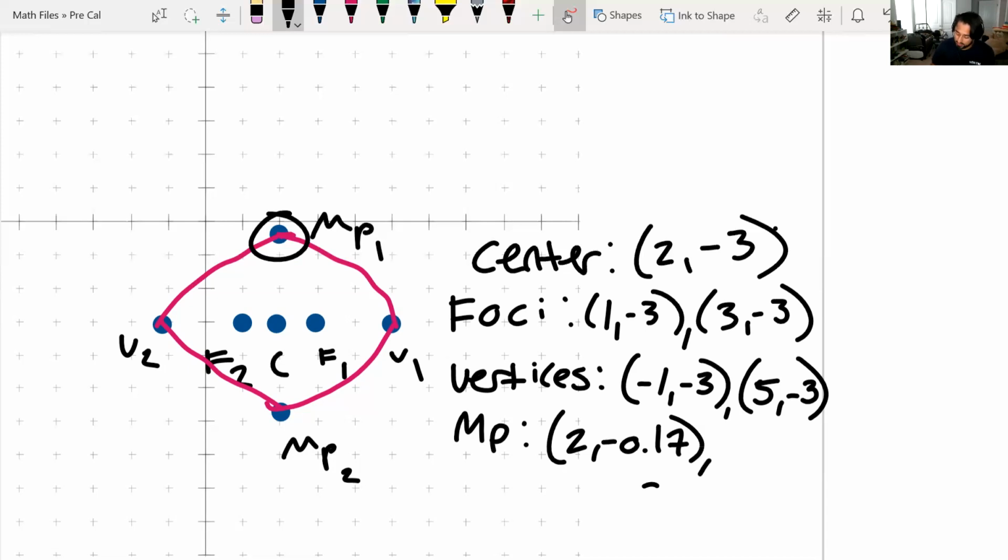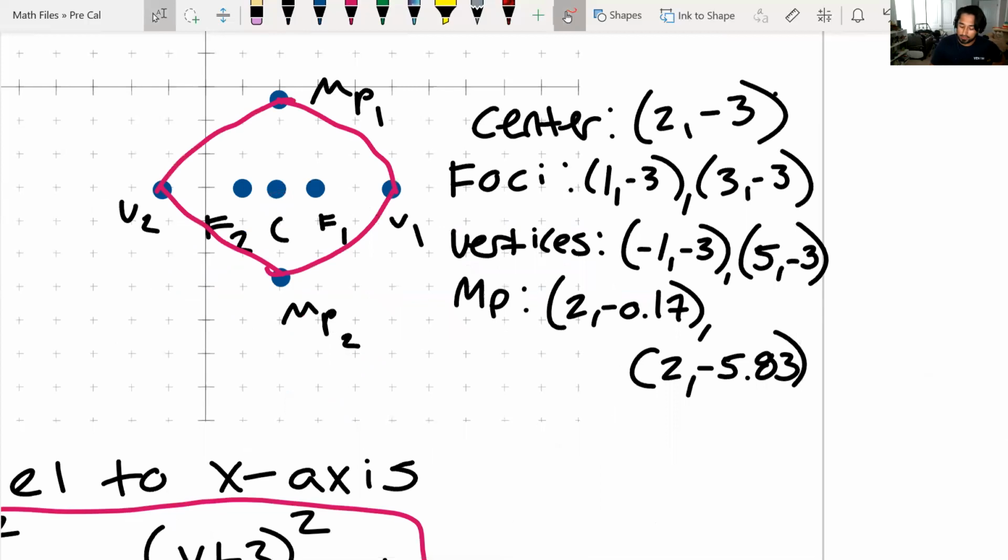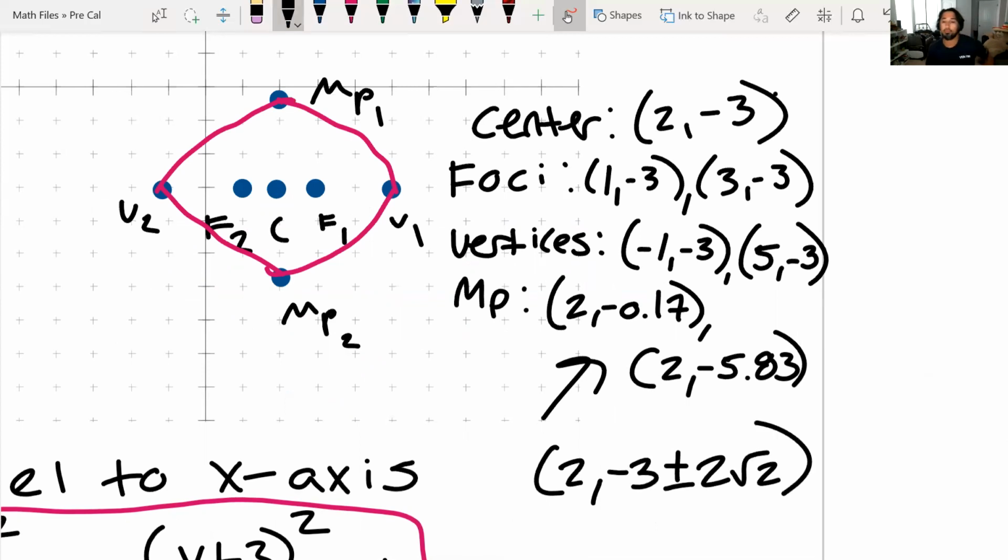And then the next one will be 2, and for this one, we subtract it, so it should be at -5.83. I mean, if my math lab lets you get away with it, I doubt it. We could write these as 2 and -3 plus or minus 2 square root 2. But that's if it lets us do it.